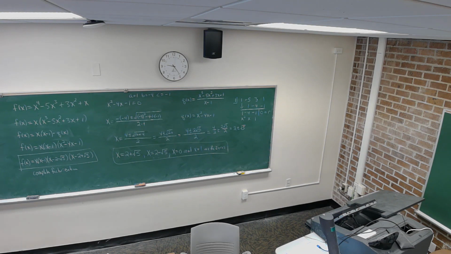So those are the 4 zeros, and this is the complete factorization. Any questions on that?